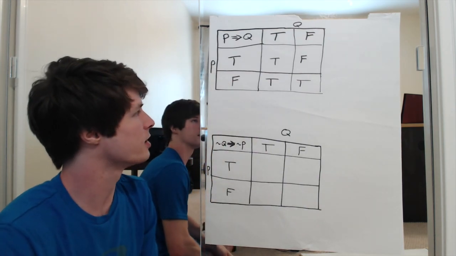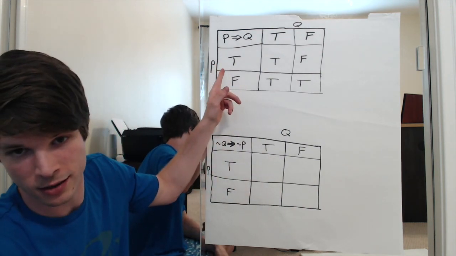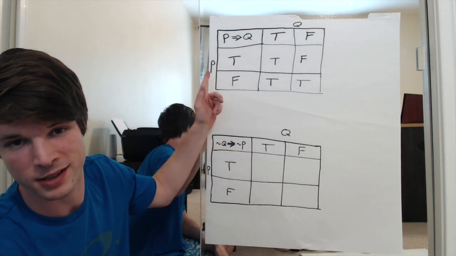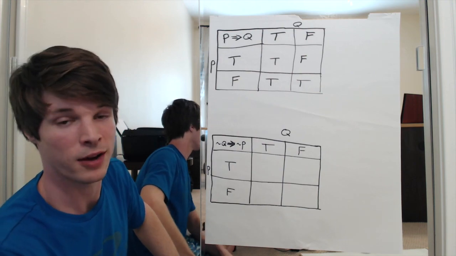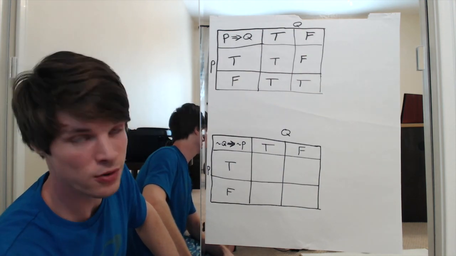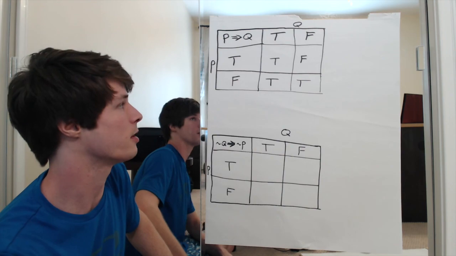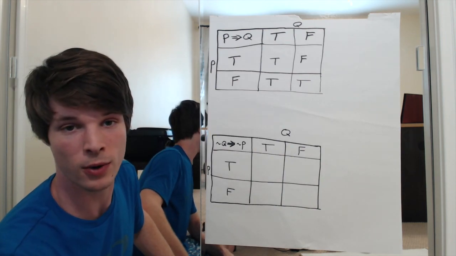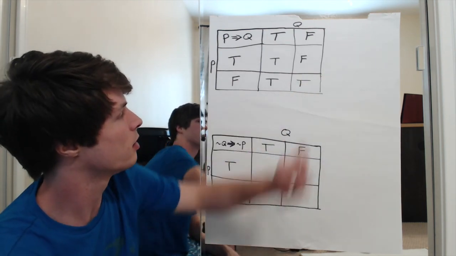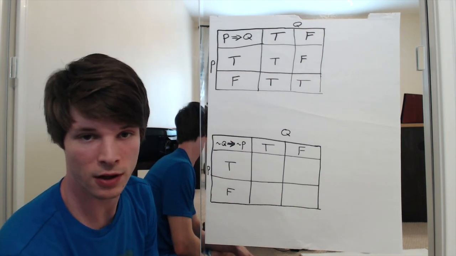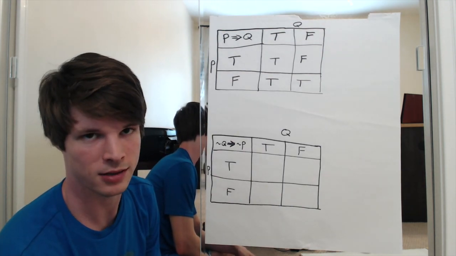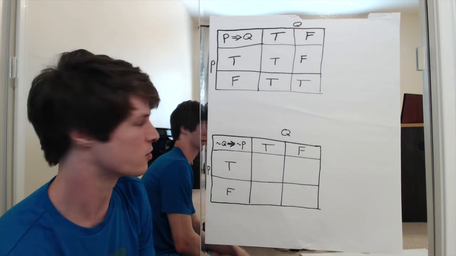To do that, let's remember that for the truth table of an implication, up there at the top, it's only going to be wrong once. It's only going to be wrong in that spot, when the conclusion is false and the hypothesis is true.